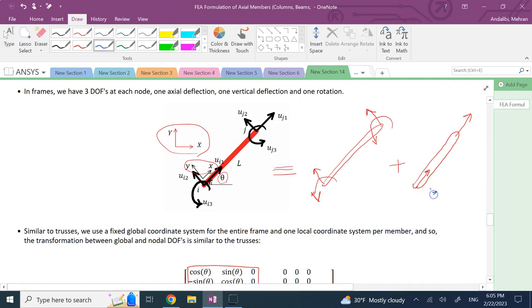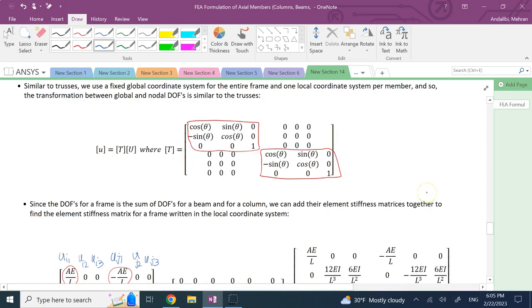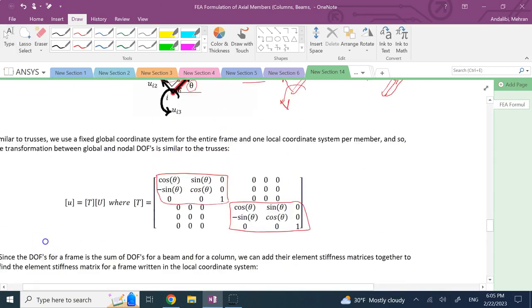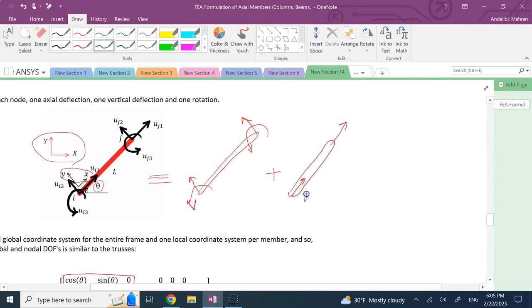There is nothing else in your column. So let me write it here. The 2's and the 3's are not here.